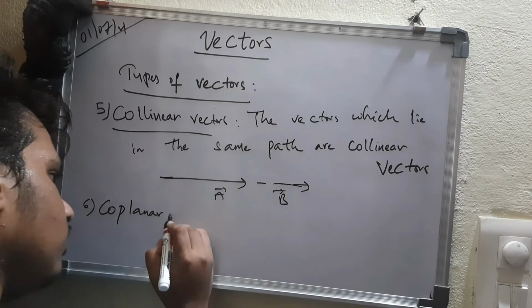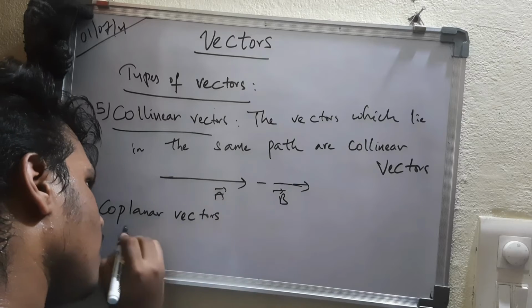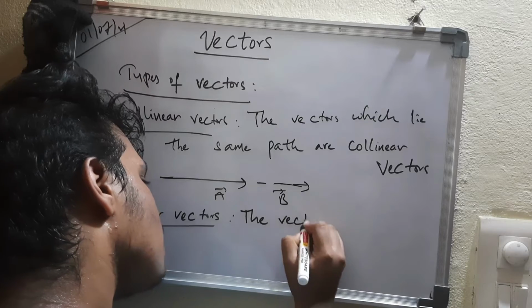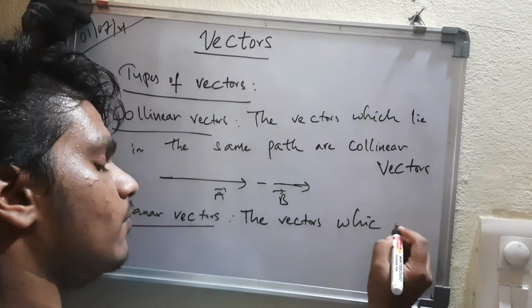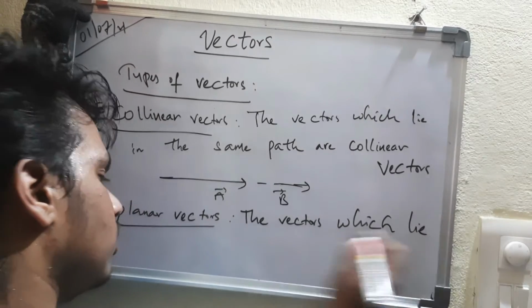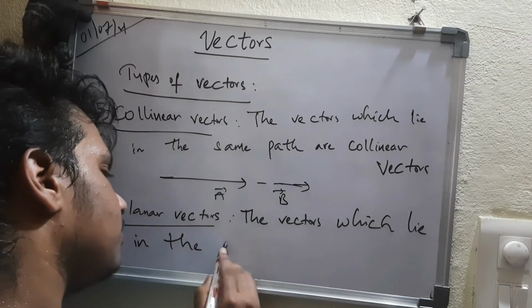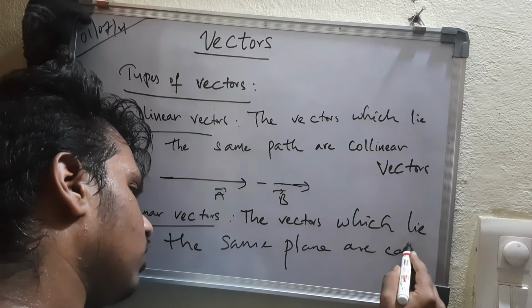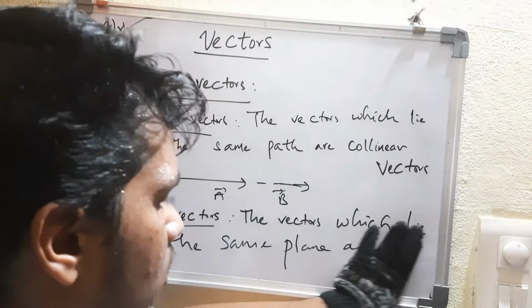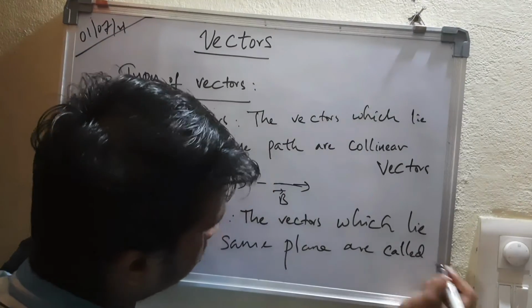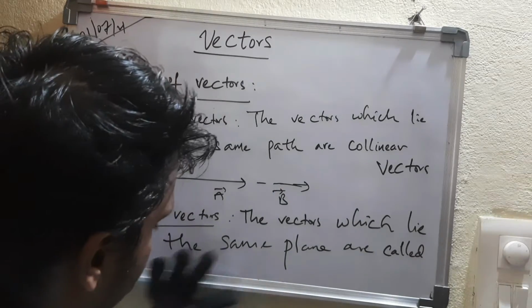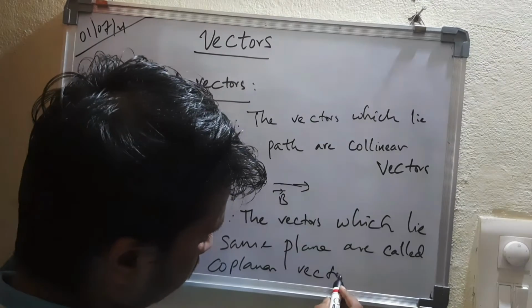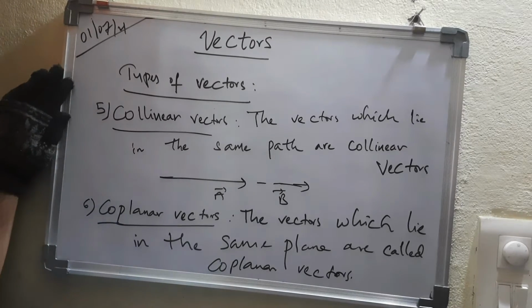Coplanar vectors. The vectors which lie in the same plane are called coplanar vectors.